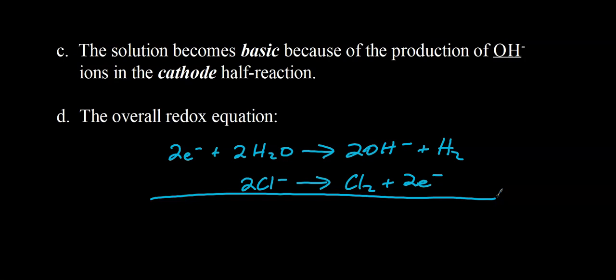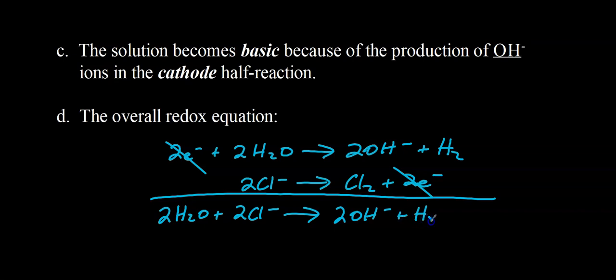We don't need to mess with either of those half reactions. Let's cancel those, and here's what we end up with. And that's the balanced redox equation for the electrolysis of molten sodium chloride.